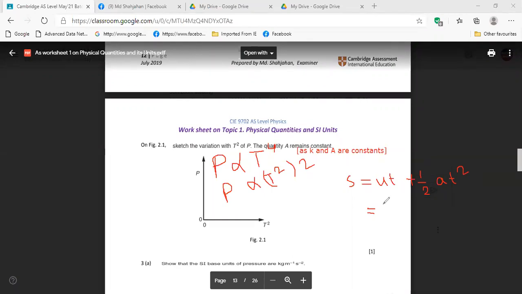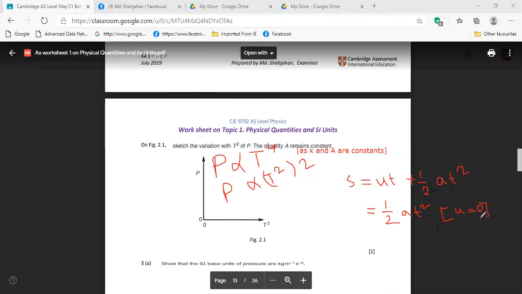Now you see this equation s = ut + half at square. If your initial velocity u is 0, then you can write this equation as s = half at square. Can you write? Yes, sir. Half at square, if u is 0, right? Yes, sir.